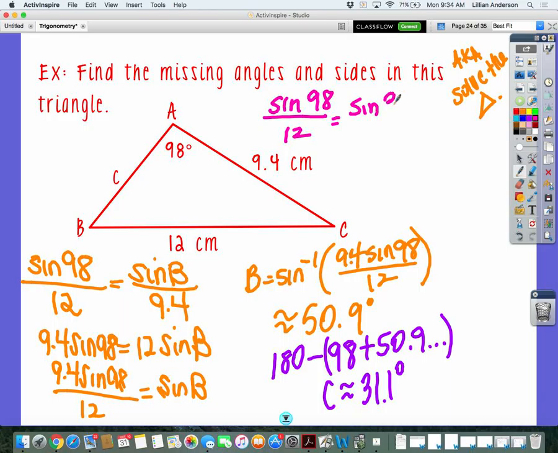So 31.1 over C. Cross multiply, we'll have 12 sine 31 and the rest equals C sine 98. What are we going to do?